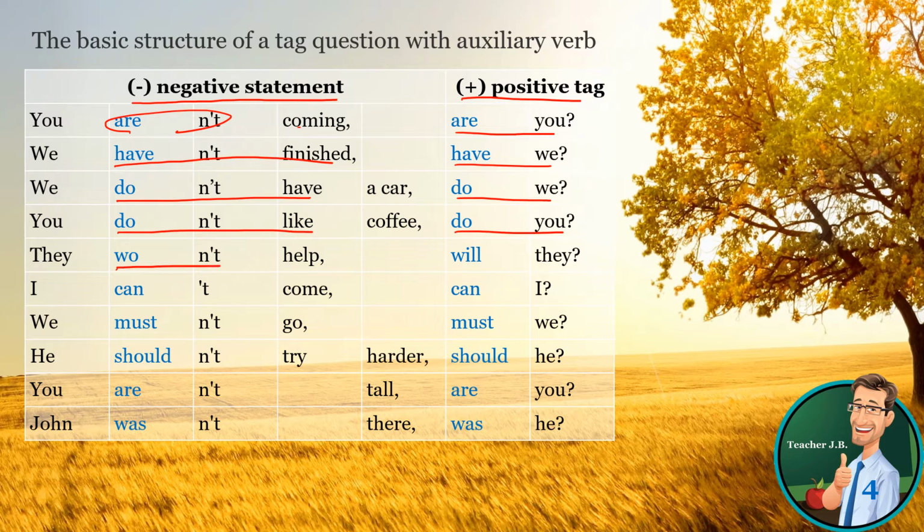They won't help, will they? I can't come, can I? We mustn't go, must we? He shouldn't try harder, should he? You aren't tall, are you? John wasn't there, was he?